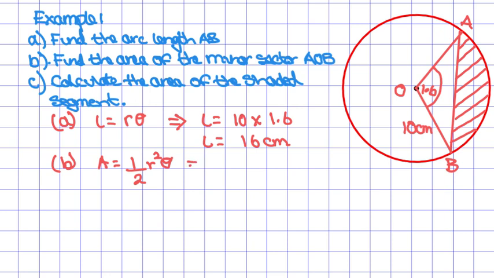Therefore, A is equal to a half times 10 squared times 1.6. So A is equal to 80 centimeters squared.